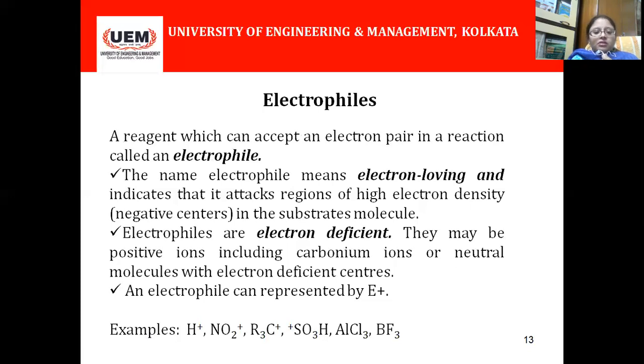Electrophile is an agent which is electron loving and attacks the region of high electron density in the substrate molecule. Electrophiles are obviously electron deficient. There may be carbonium ion or neutral molecules with electron deficient center, like H plus ion, NO2 plus ion. These all are examples of electrophiles.